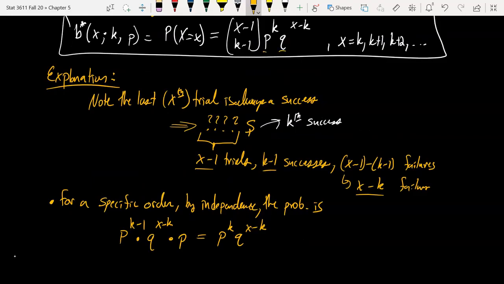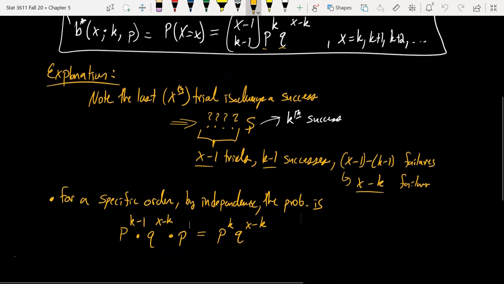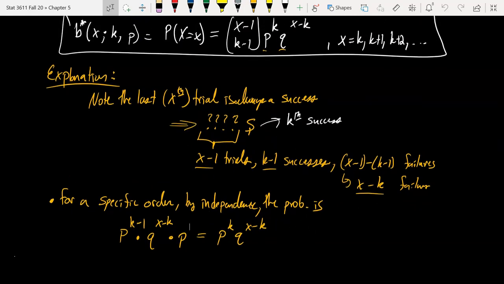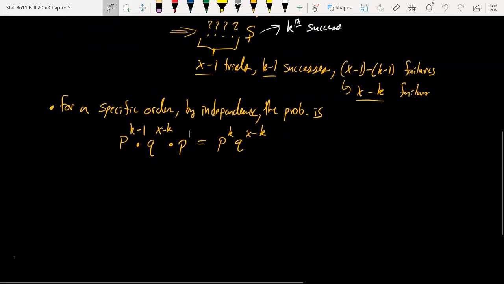And that gets us the last two terms in our probability distribution. And I think we can see where we're going here. That combination term, then, this is for a specific order. So how many ways are there to have this ordering? Well, we need to choose the k minus 1 successes in the first x minus 1 trials, right?